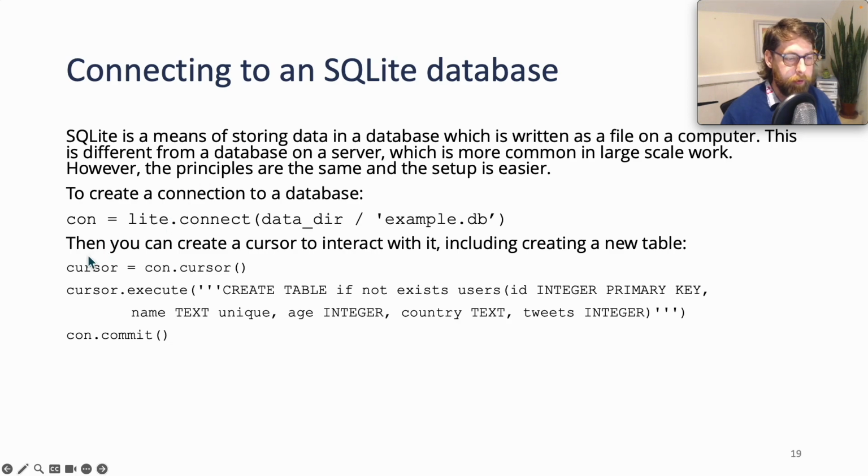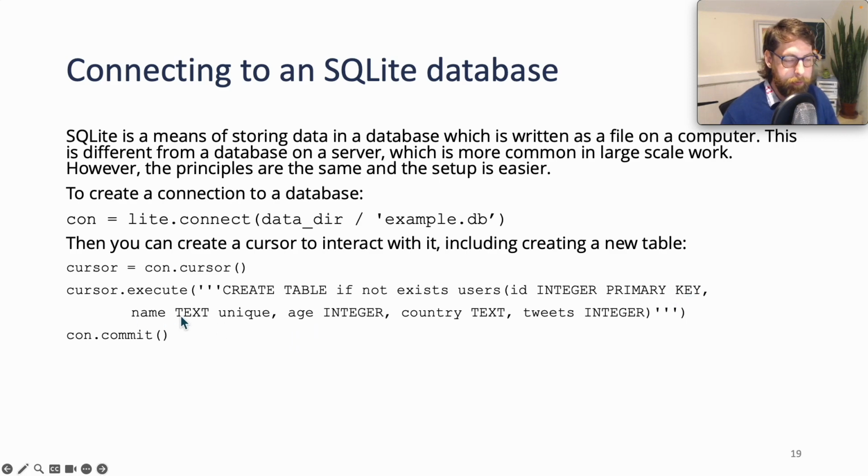And then you get a cursor, which allows you to interact with it. The first thing we would do with a cursor, if we have an empty database, is perhaps create a table in that database. And we use a table schema in order to delineate what's going on in that table. In this case, our schema has things like an ID, which is an integer and a primary key.